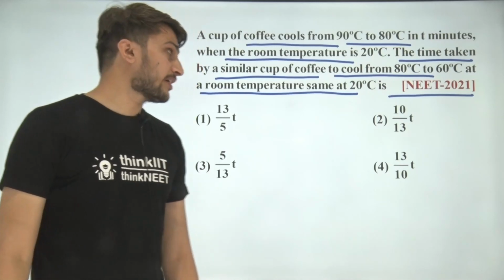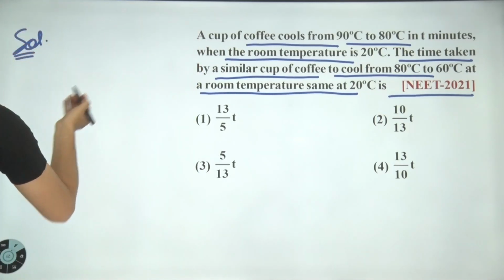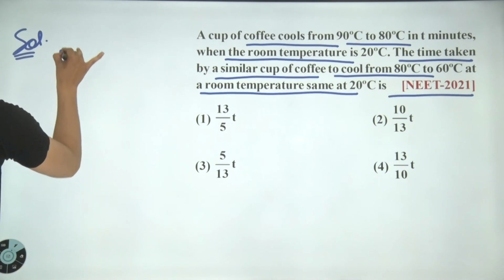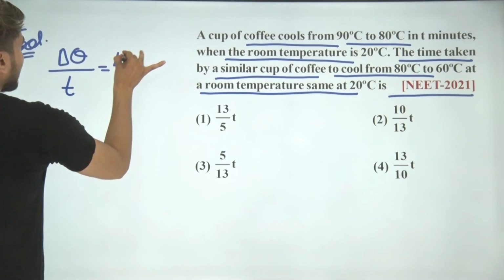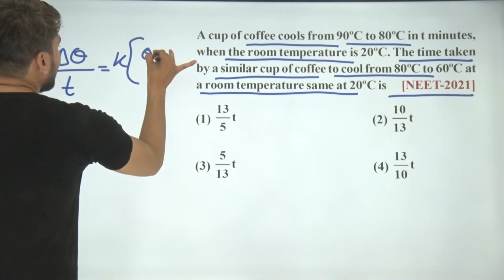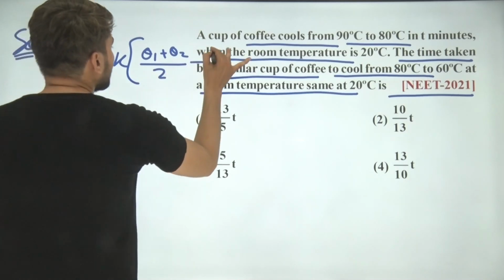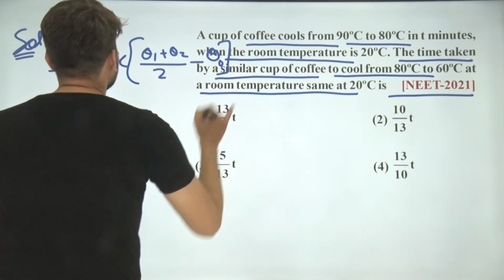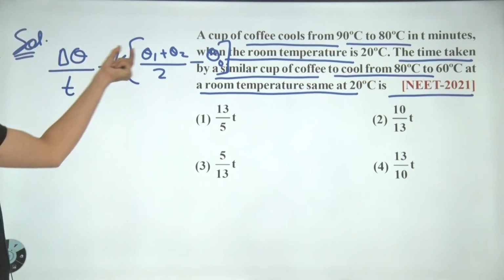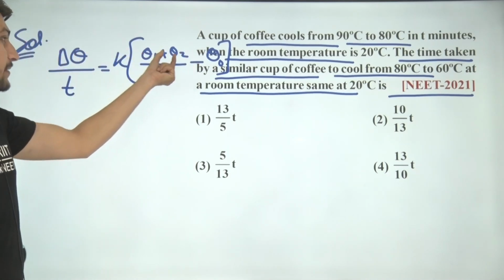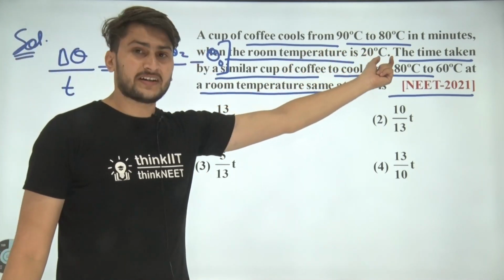Now students, if I am talking about Newton's law of cooling, we know that the formula is delta theta upon time t is equal to k times theta 1 plus theta 2 upon 2 minus theta naught. Here delta theta is the temperature difference, theta 1 and theta 2 are the temperatures, and theta naught is the room temperature, which is 20 degree centigrade.